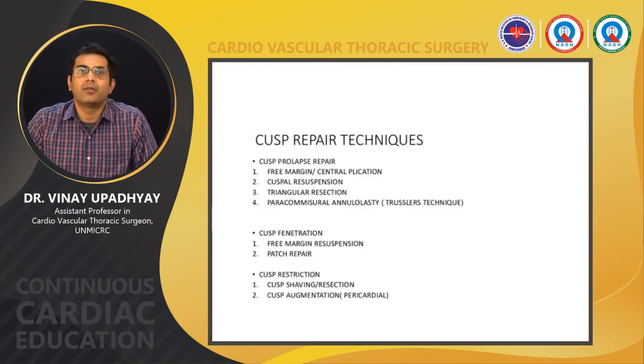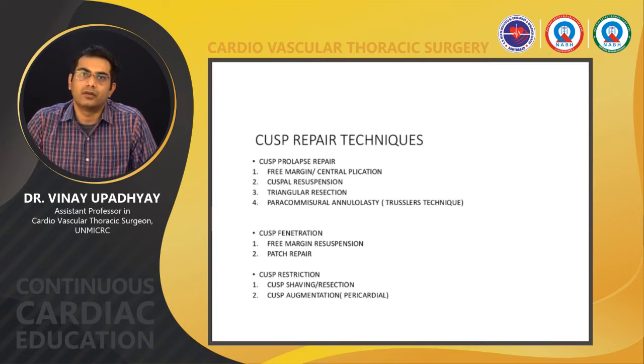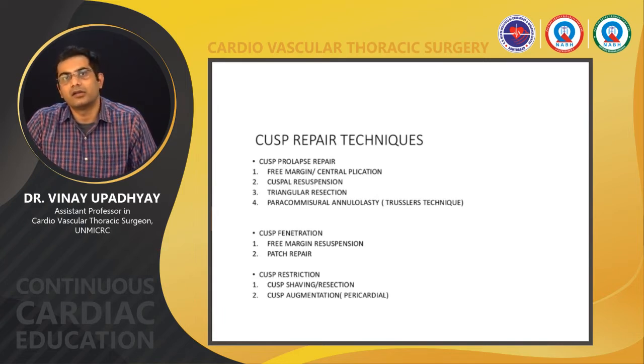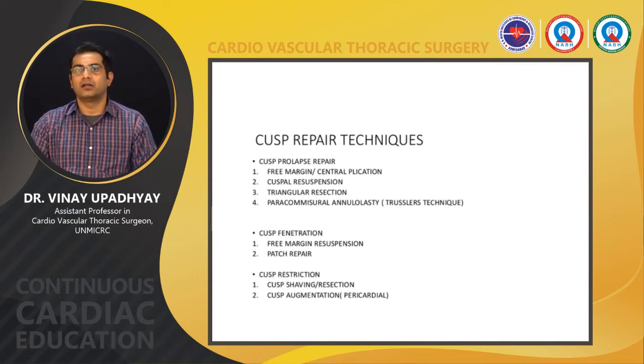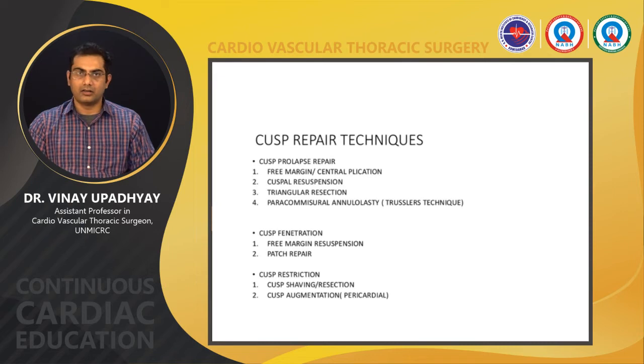Now these are the cusp repair techniques. First, cusp prolapse repair. These include free margin or central plication, cusp resuspension, triangular resection, and paracommissure annuloplasty, like Trussler technique. For cusp fenestration, free margin resuspension or patch repair.